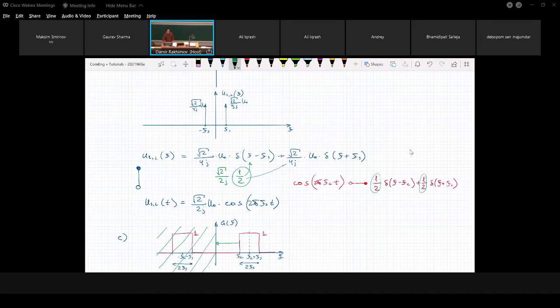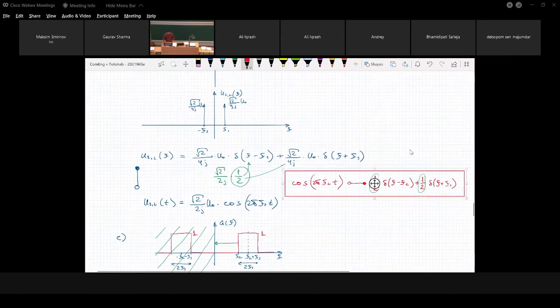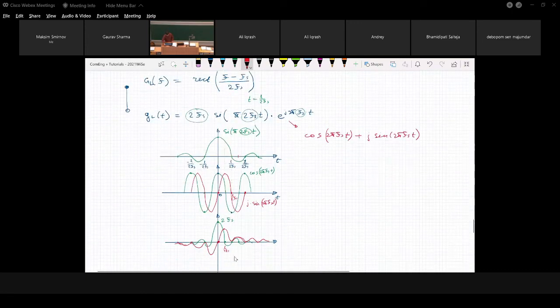For this reason we placed it outside, because of this form of the Fourier transform of the cosine function. Question? If you have other questions, please let me know. Everything clear? If everything is fine, then we can go further and discuss the next question.